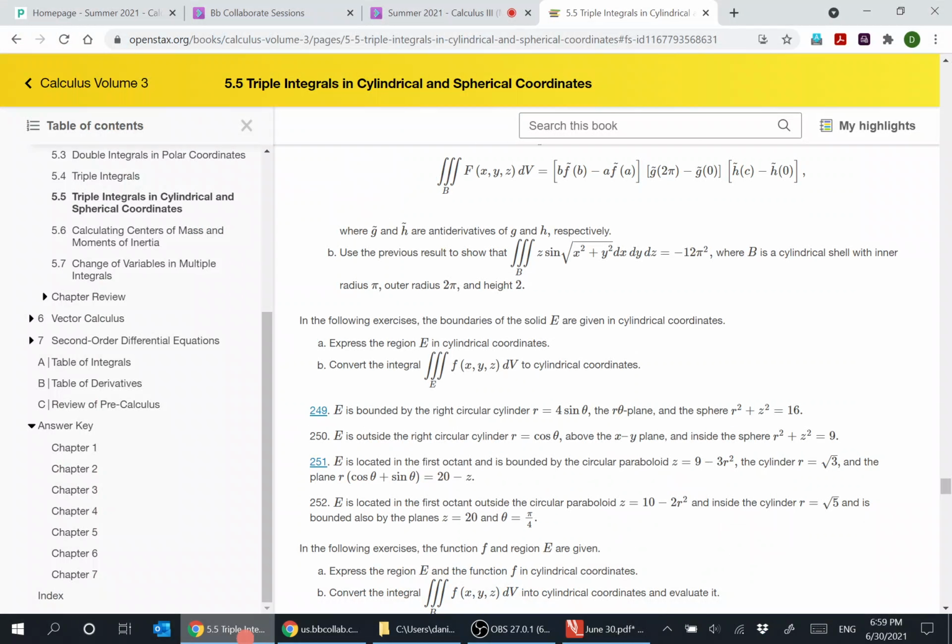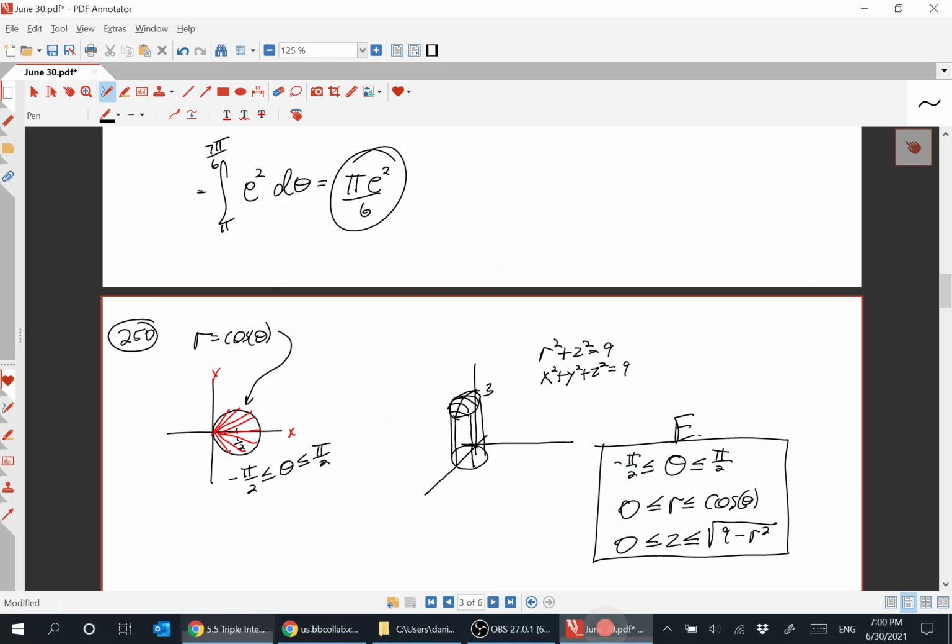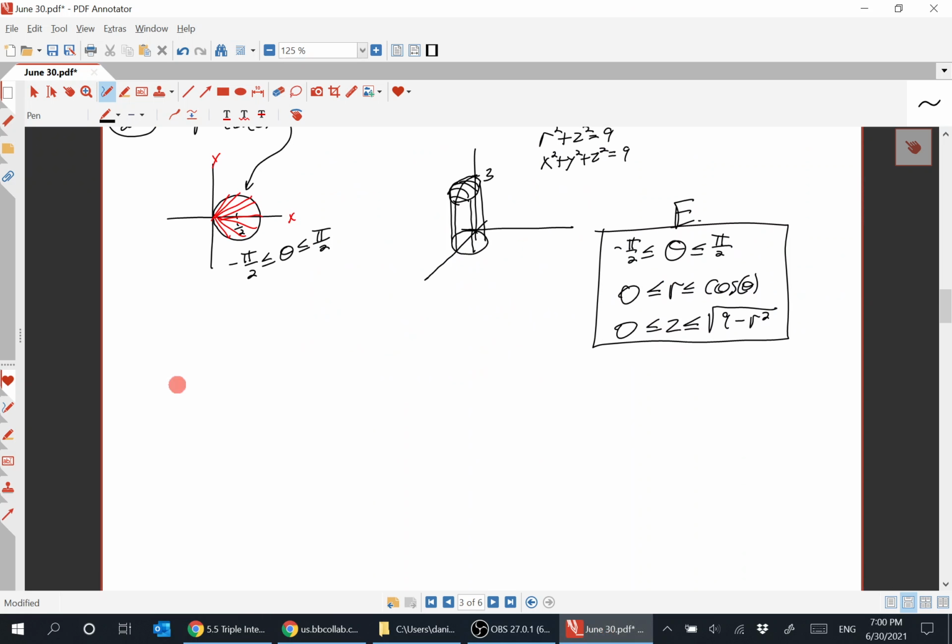And then they don't actually give you an integral, so just write it in terms of some f.